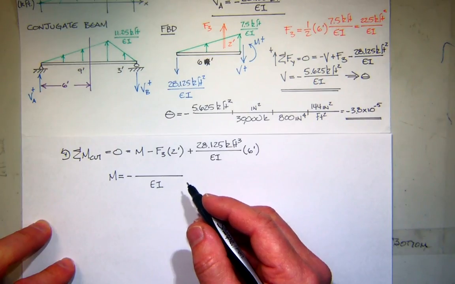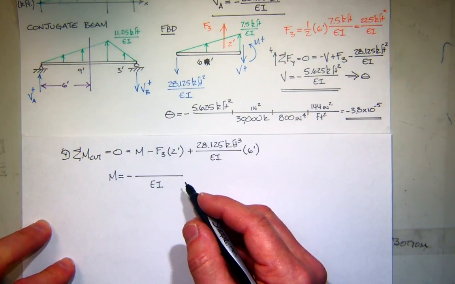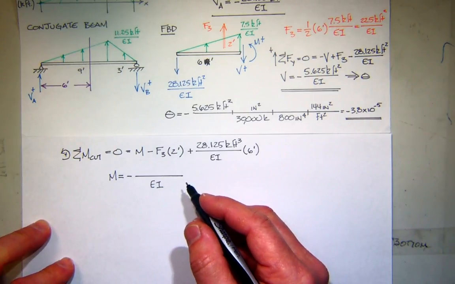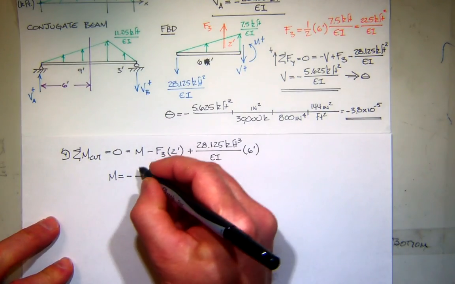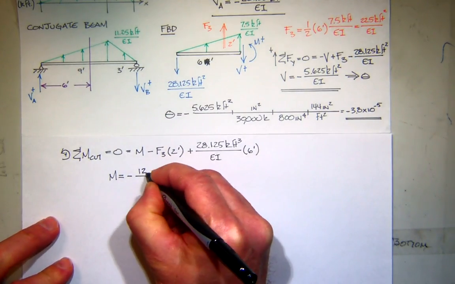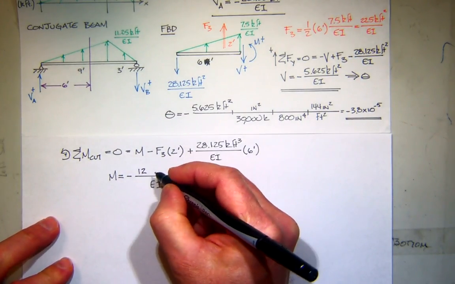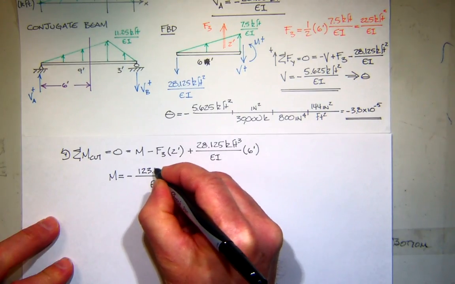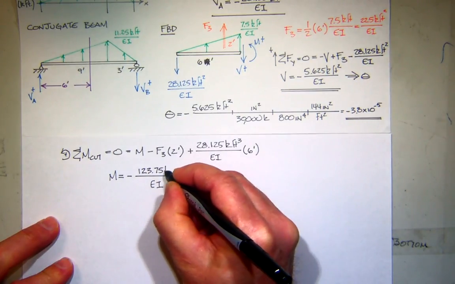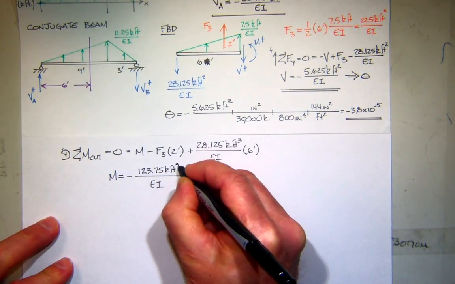I got 123.75. Do I have more than one vote for that? Okay. 123.75? Yep. And that's going to be kip feet cubed.